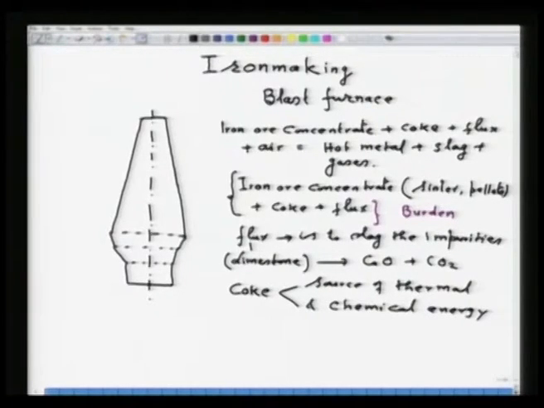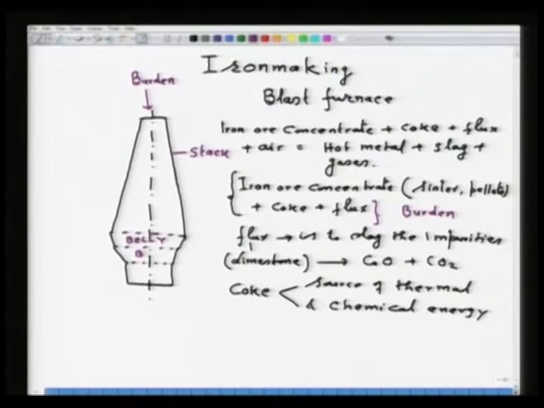Now, let us come down to the charging sequence and how it is done. The burden is charged from the top, and this portion is called the stack. This portion is called the belly.